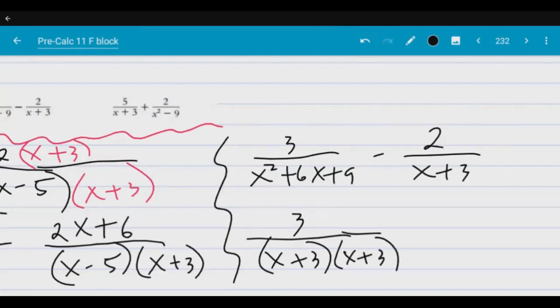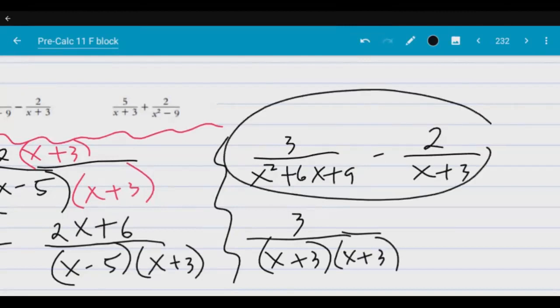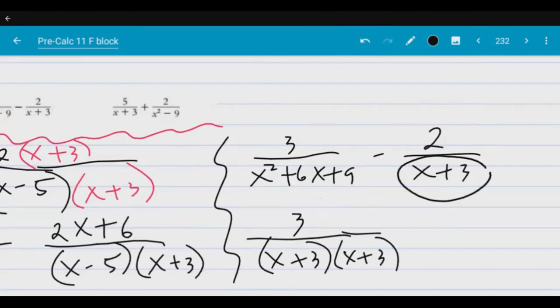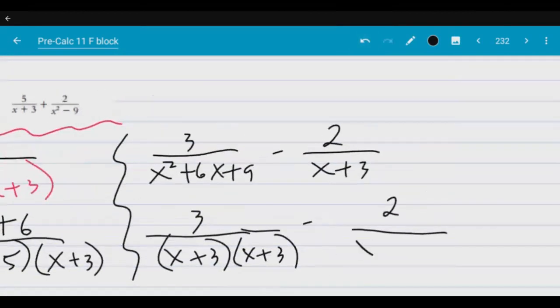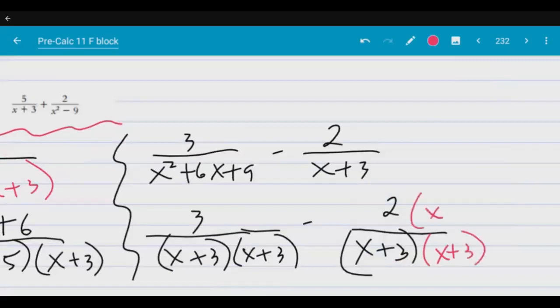Therefore, if I want to put these two under the same denominator, I just need to multiply this by x plus 3 and the same for the one on top. So minus 2 over. So if the denominator was multiplied by x plus 3, all right, I will multiply the top by x plus 3. You notice?